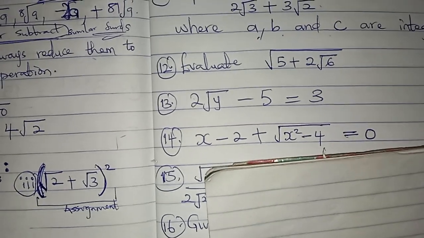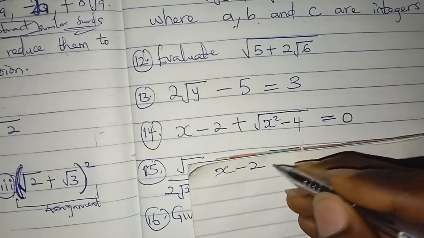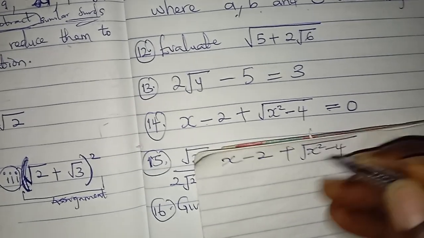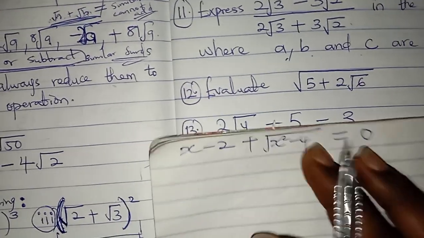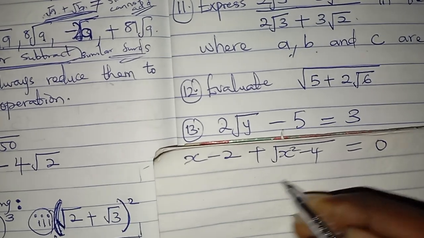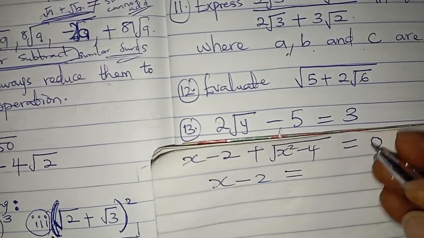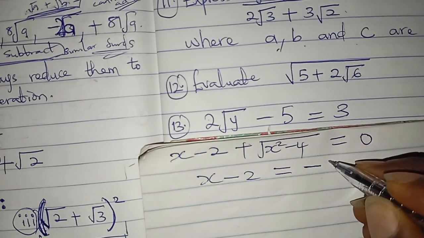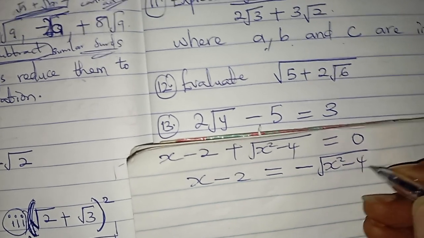I feel so tired. So this is x minus 2 plus root x squared minus 4 equals 0. So this can be the same thing as saying x minus 2 equals, the one with square roots goes to one side, minus root x squared minus 4.